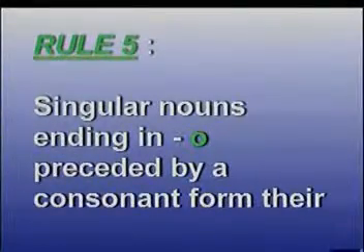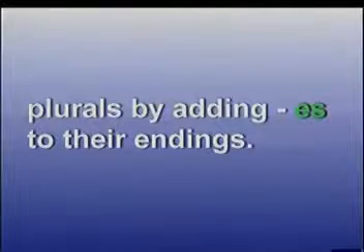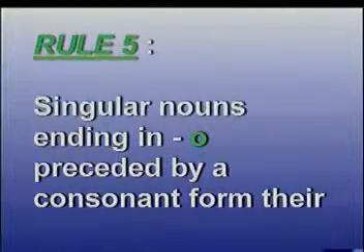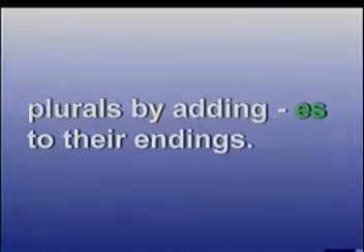Rule 5. Singular nouns ending in o preceded by a consonant form their plurals by adding es to their endings.